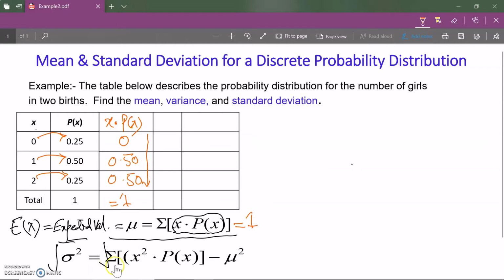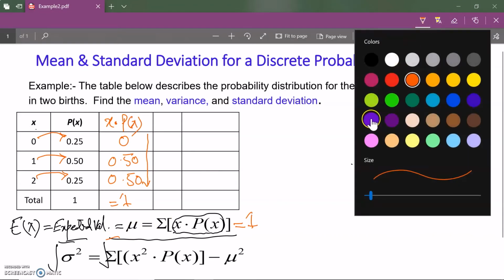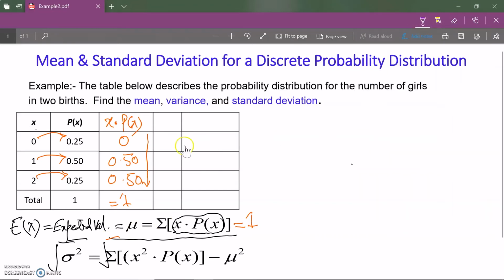Okay, now we move toward the standard deviation. How can we compute it? In order to compute the standard deviation, we need x squared times p of x. But note that in this table, there is no x squared. So the first thing I'm going to do is compute x squared, which means squaring each value of x. 0 squared is 0. 1 squared is 1. 2 squared is 4.